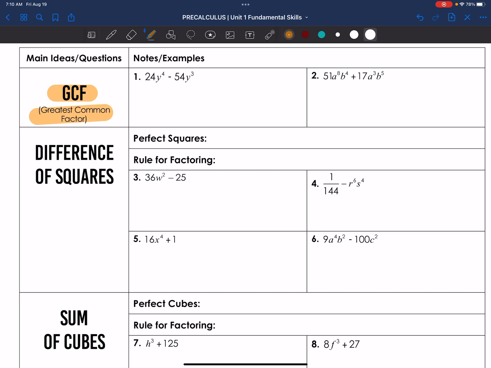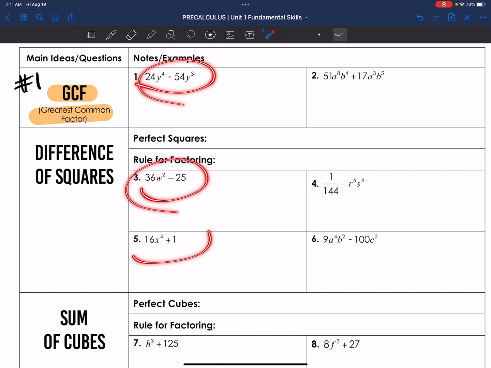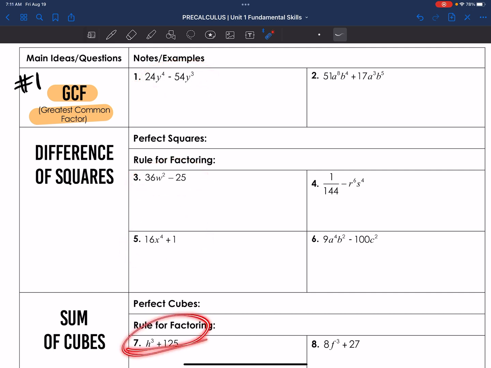The GCF is the abbreviation for the greatest common factor. And that is going to always be the number one first step that we will take when we are trying to factor any kind of polynomial. No matter what, always, always, always look for this to begin with.